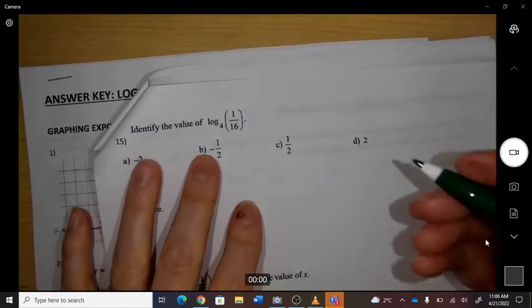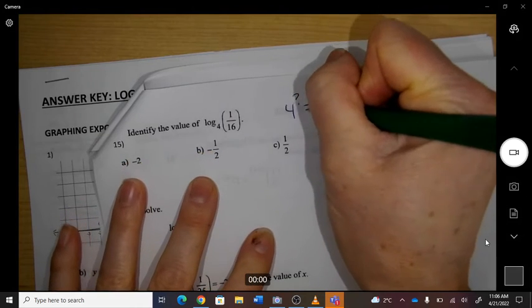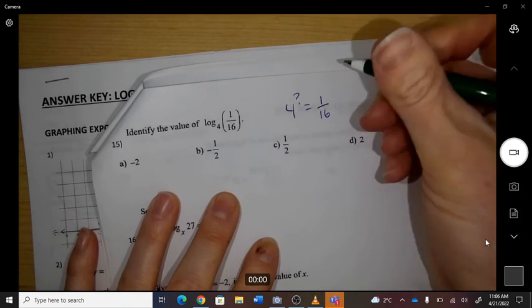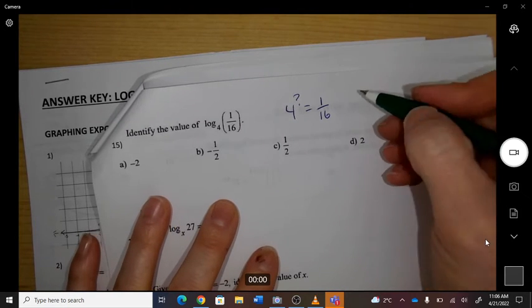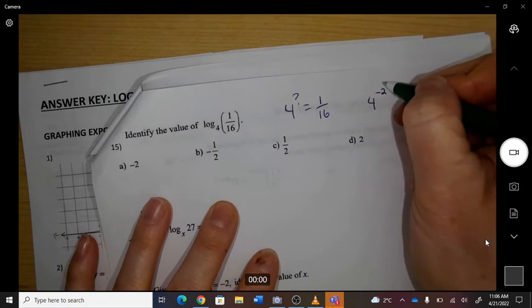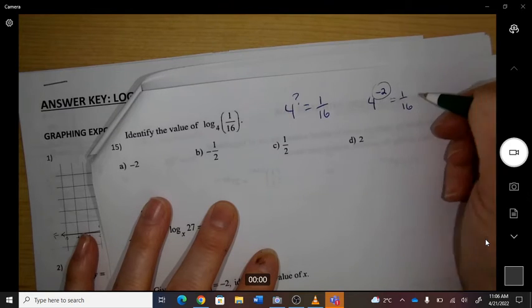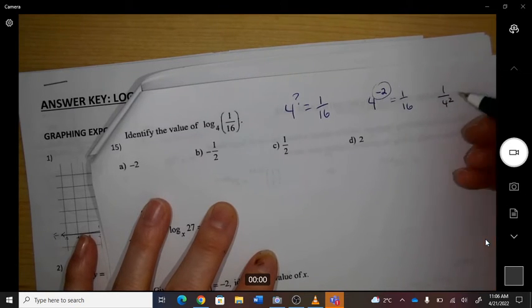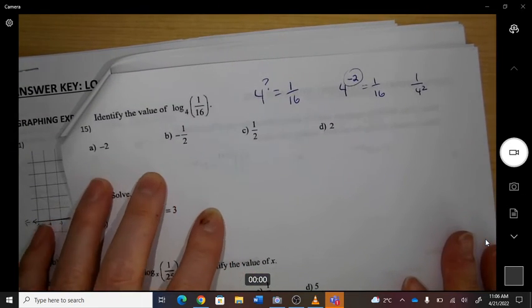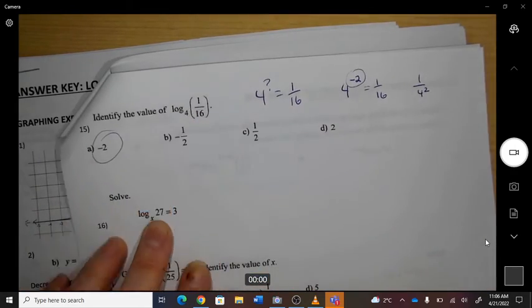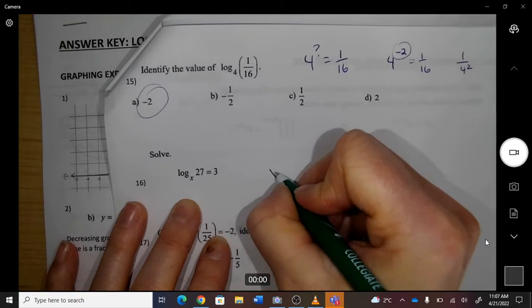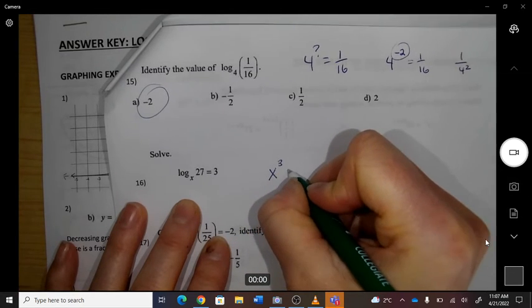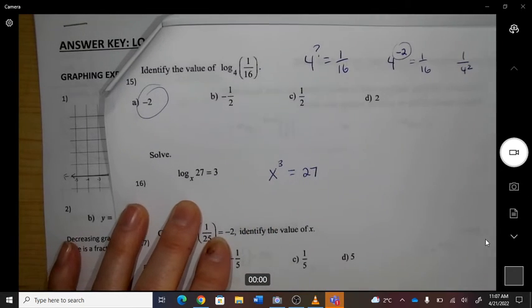Identify this value. So 4 to the what equals 1/16. I need a negative exponent. That's how I get something to the bottom. So 4 to the negative 2 would cause 1/4 squared. That's the idea. So negative 2. Solve. So what base cubed would give me 27 result?